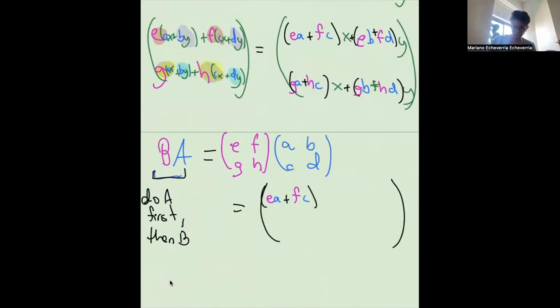EA plus FC, EB plus FD. I should rewrite this one a little bit so that it looks better. FD.